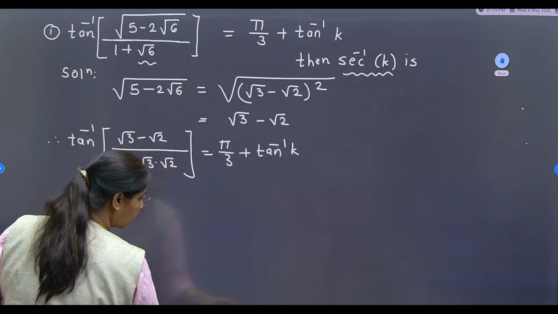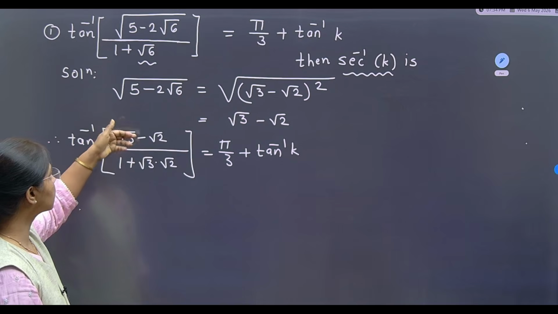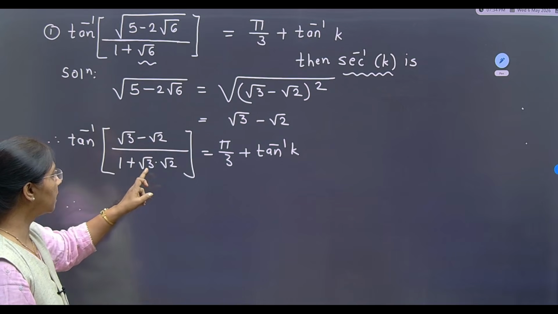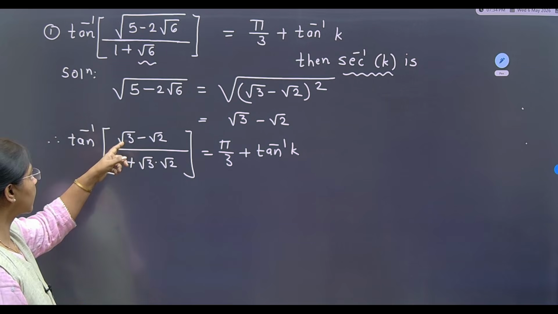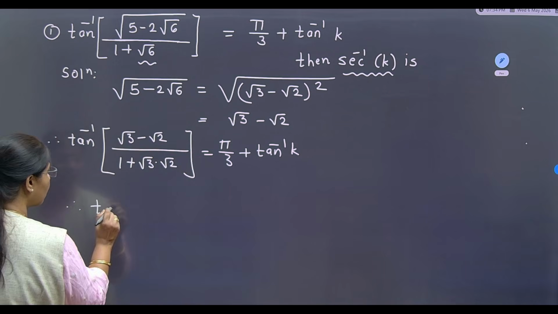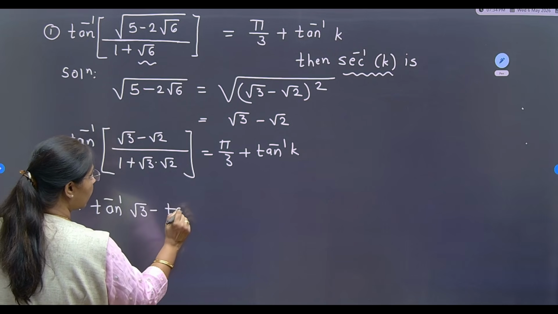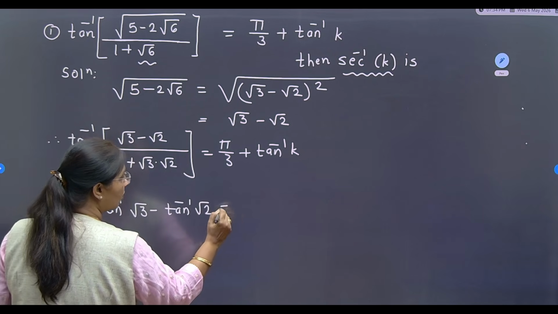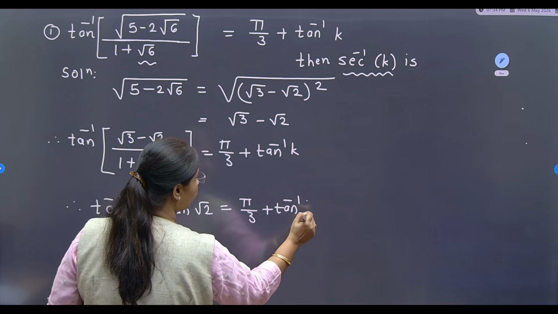Next, we know that tan inverse of (x minus y) upon (1 plus x into y) expands to tan inverse of x minus tan inverse of y. By the formula, we get tan inverse of root 3 minus tan inverse of root 2 equals pi by 3 plus tan inverse of k.